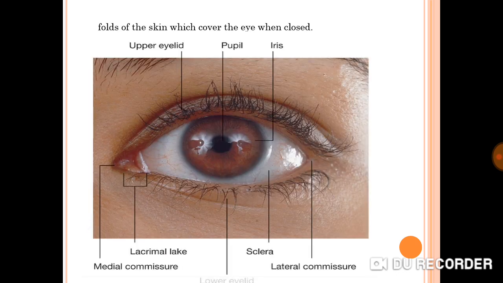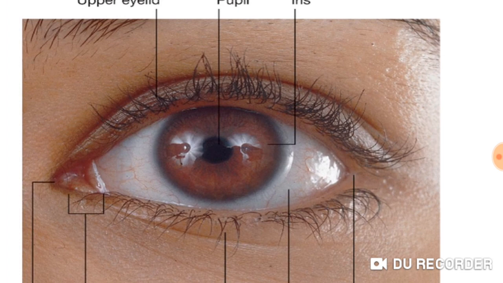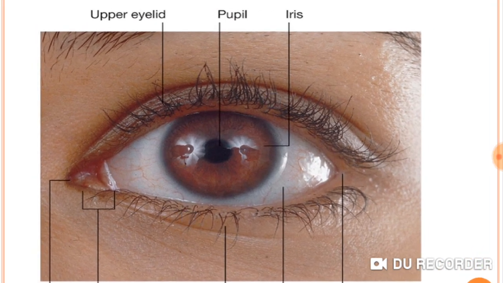Now, the eyelids are basically folds of skin, along with various structures inside of it, that cover the eye when the eye is closed. So here you have your eyelids, an upper eyelid and a lower eyelid. When these eyelids get closed, the eye is closed and they meet one another at the lateral as well as the medial angles.